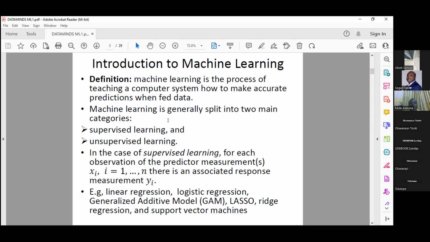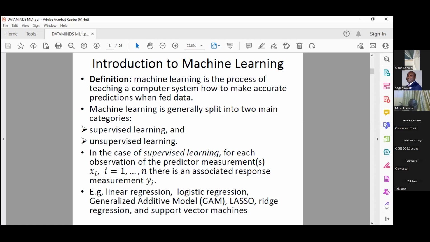Now, we have two types of machine learning, supervised and unsupervised learning. In the case of supervised learning, we have our dependent variable and independent variable. Examples of such are logistic regression, linear regression, the generalized additive model, the lasso, the ridge.